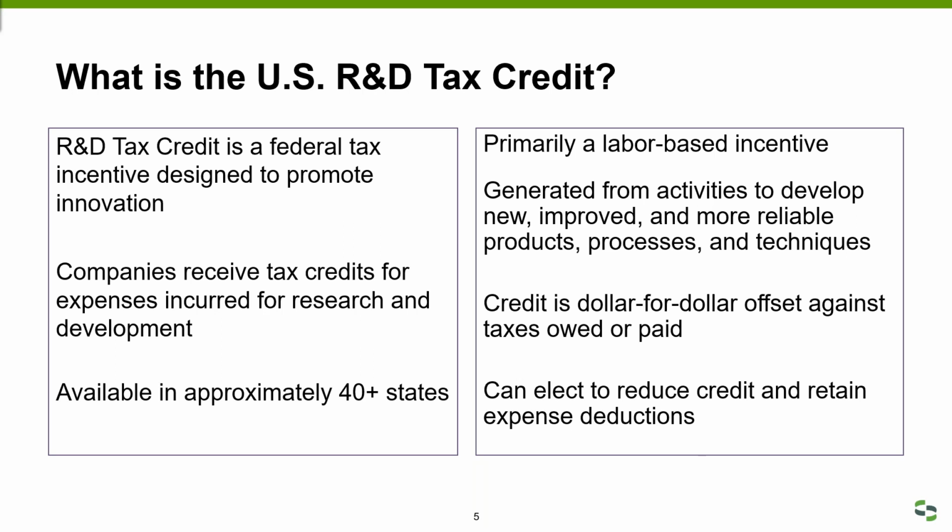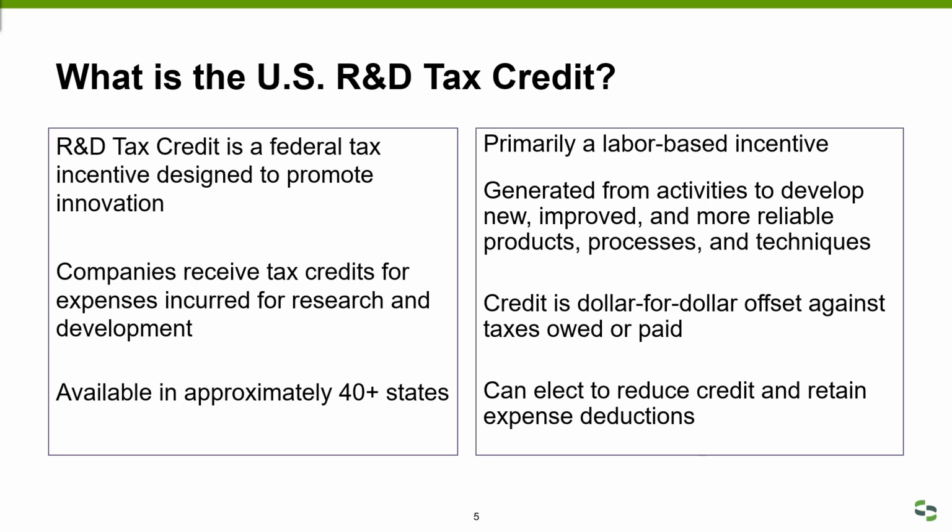So when you think about the R&D credit, it is primarily a labor-based incentive. What does that mean? It means that as companies incur expenses that are research and development oriented, or ultimately what are referred to as qualified research expenses, as we'll discuss, you're gaining a tax deduction. And then the incentive is a subsidy, in that you take those same costs incurred, the same expenses you're deducting, and it generates a credit.